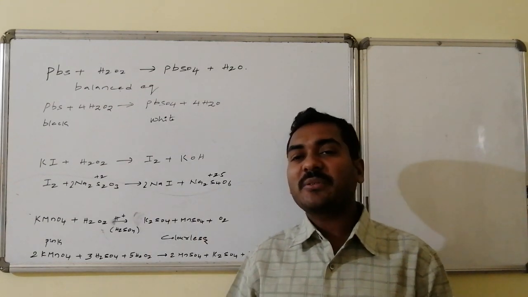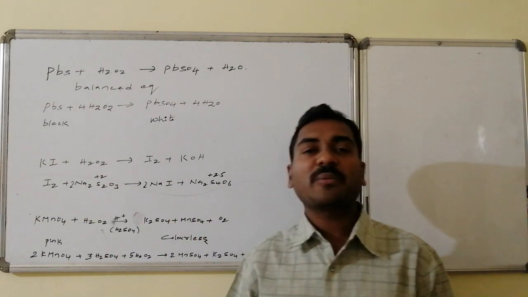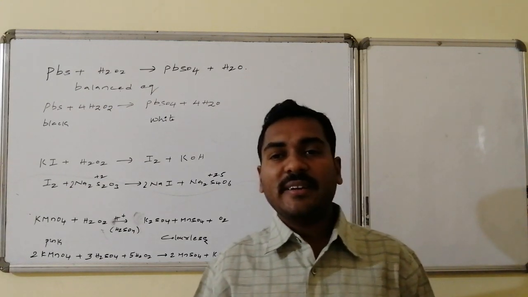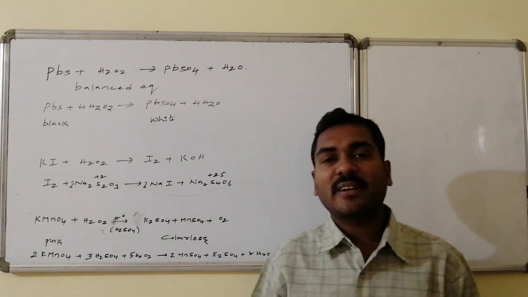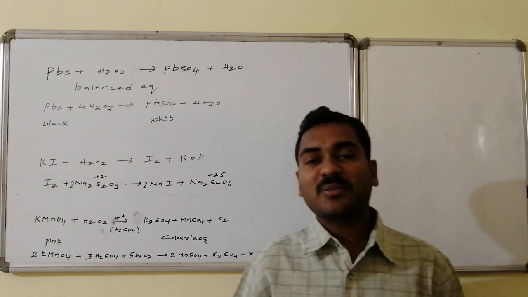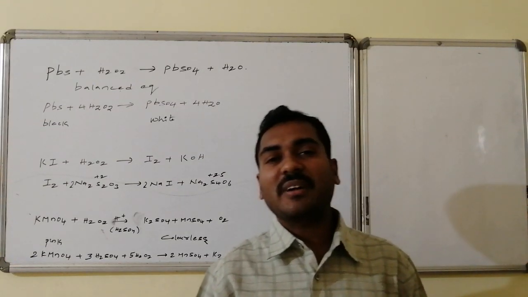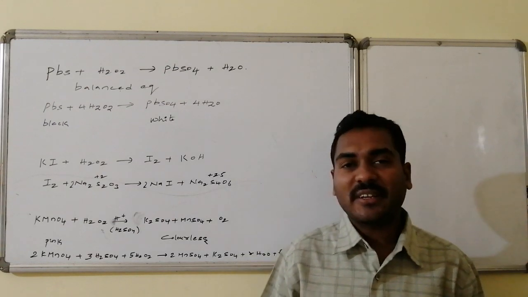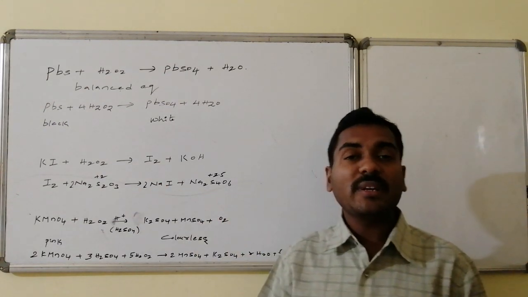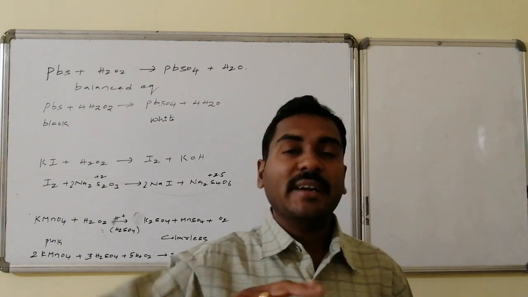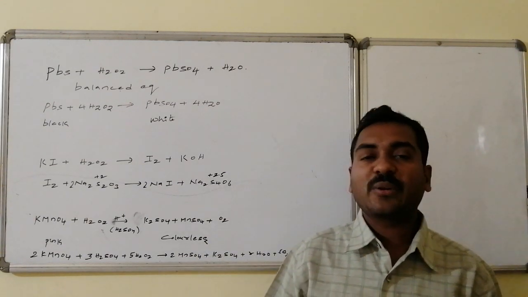Iodine is converted to sodium iodide and sodium thiosulfate on its own undergoes oxidation to sodium tetrathionate, and the solution appears blue in color. Thereby we can also identify the presence of hydrogen peroxide.